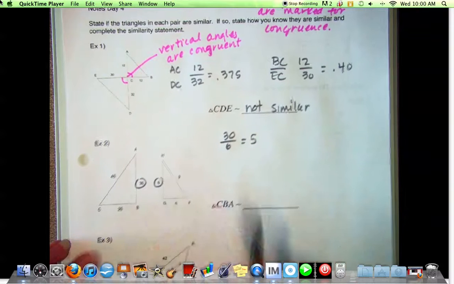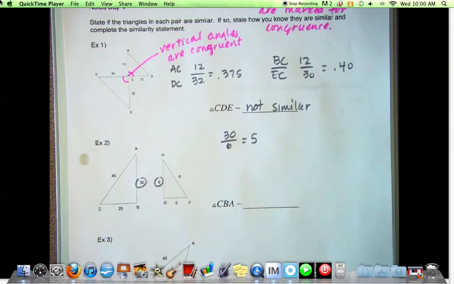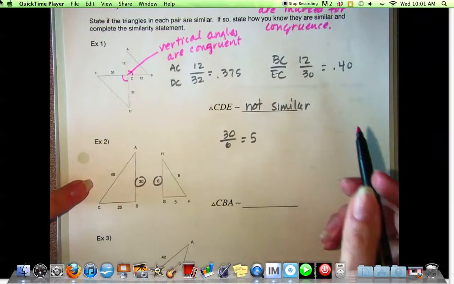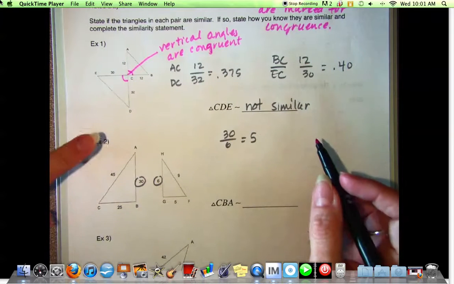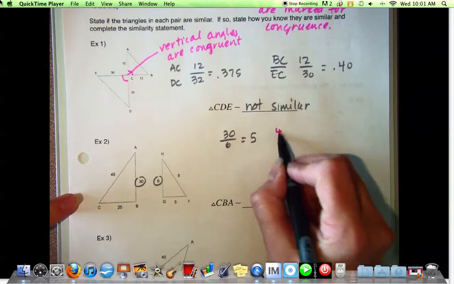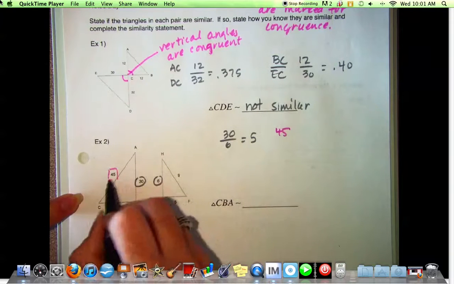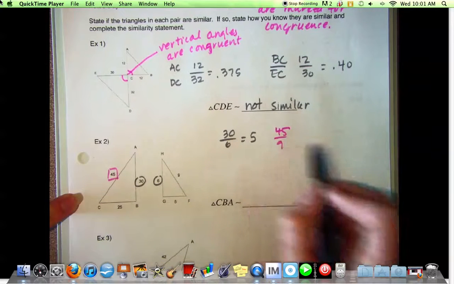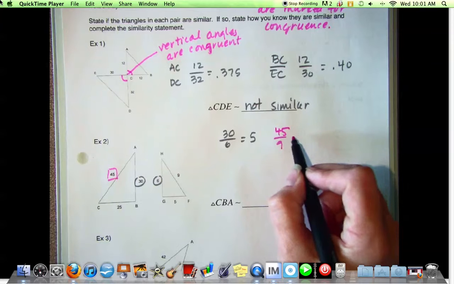Okay, so we compared 30 and 6. And then we can compare what else? AC has a length of what? 45, and that's similar to 9. So 45 divided by 9 gives us 5.